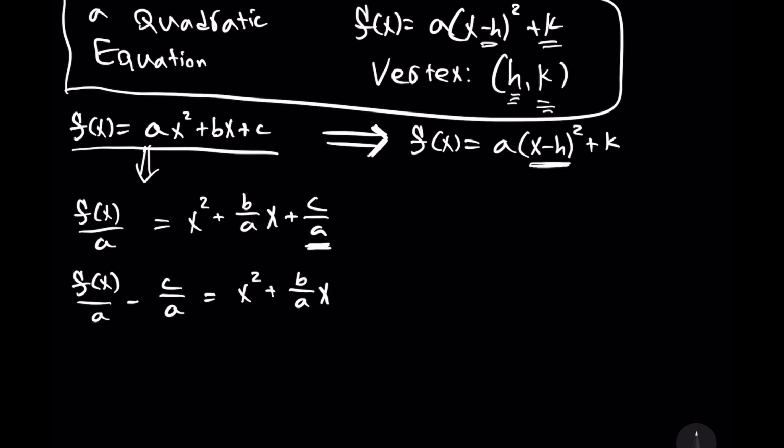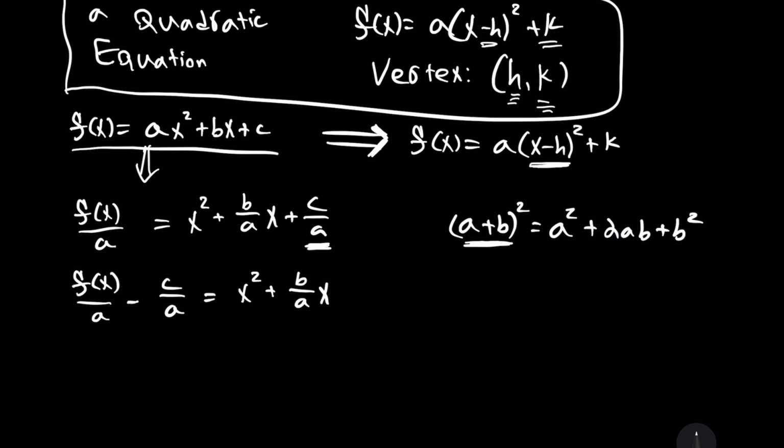How do we complete the square? This is one way I think of it. If we think of a plus b quantity squared, we have a perfect square trinomial. We have a squared plus 2ab plus b squared. We want a situation where we have an x plus or minus some constant squared.